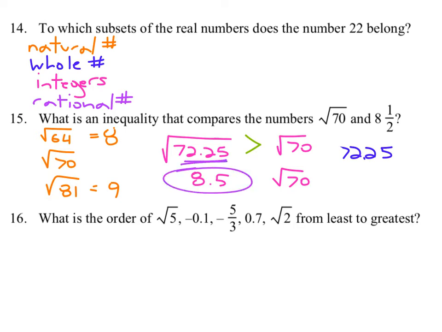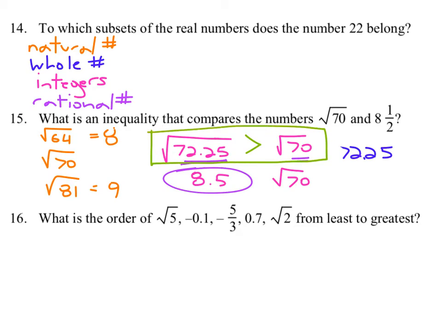And if that's a bigger number, then the square root of 72.25, also known as 8.5, has to be bigger than the square root of 70.